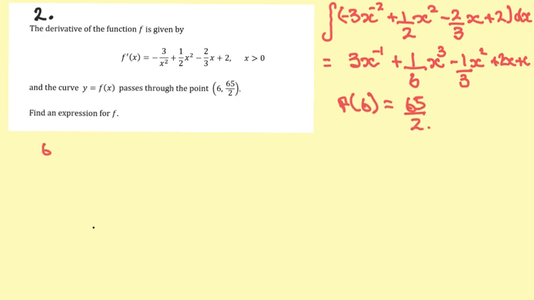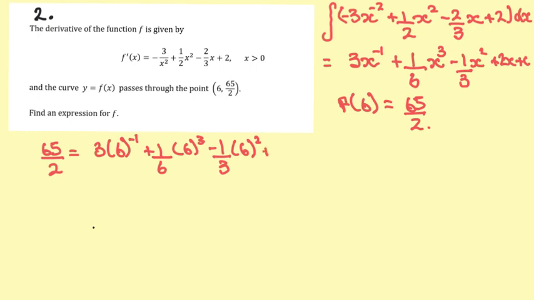So we get 65 over 2 is equal to 3 times 6 to the power of minus 1 plus 1/6 times 6 cubed minus 1/3 times 6 squared plus 2 times 6 plus c.